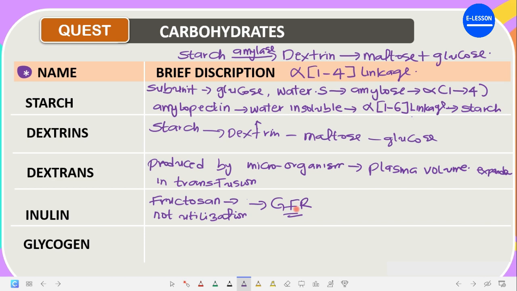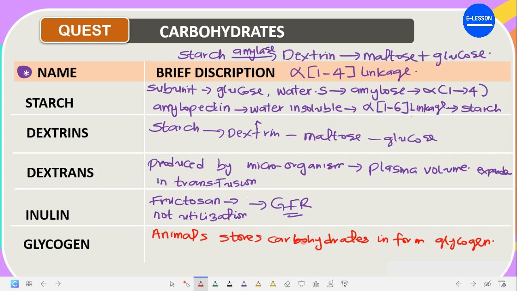So the next one is glycogen. Glycogen is a carbohydrate. We can say that animals store carbohydrate in the form of what? Glycogen. Animals store carbohydrate in the form of glycogen, okay?